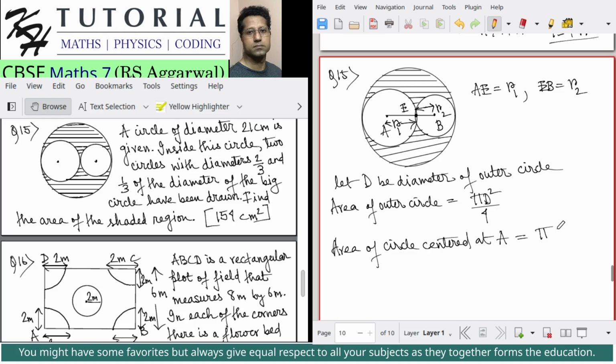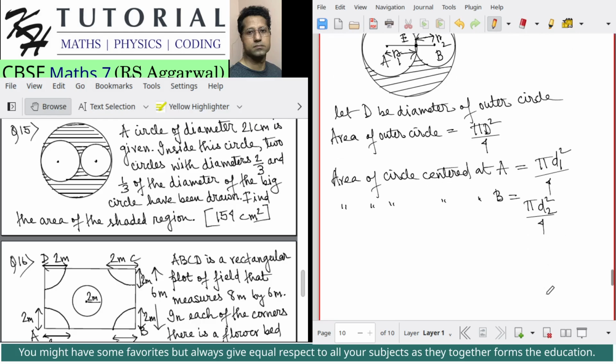So the area of the circle centered at A will be pi d1 square by 4. Similarly, if we consider the diameter of the inner circle centered at B to be d2, its area will be pi d2 square by 4.